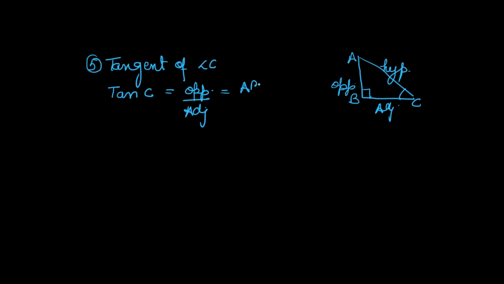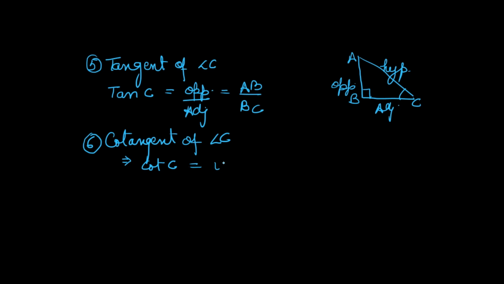Opposite is AB over adjacent is BC. And the sixth trigonometric ratio is cotangent of angle C, which is abbreviated as cot C, which is adjacent over opposite, which is equal to BC over AB.